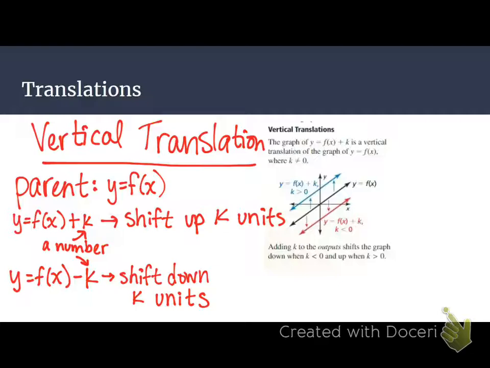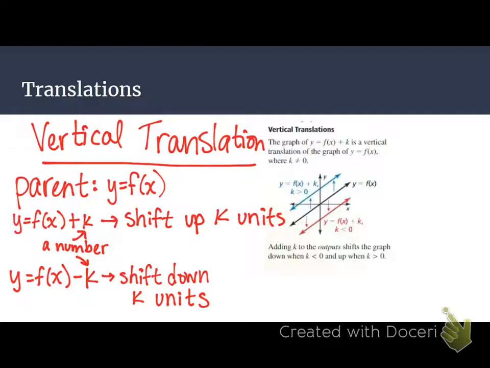So when we are adding or subtracting inside the parentheses, it kind of goes the opposite direction of what we think. When we added inside the parentheses, we moved it left. When we subtracted inside the parentheses, it moved it right. But when we're outside the parentheses, it actually moves how we would expect. Adding moves it up, subtracting moves it down.